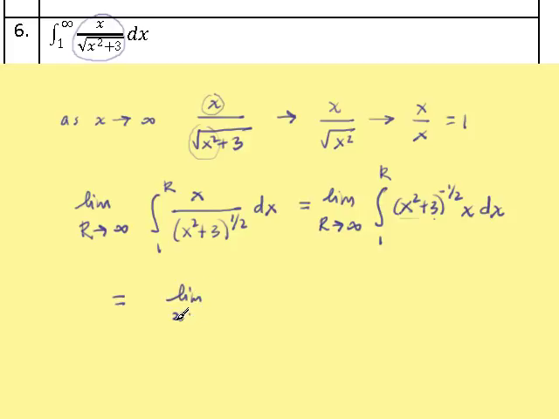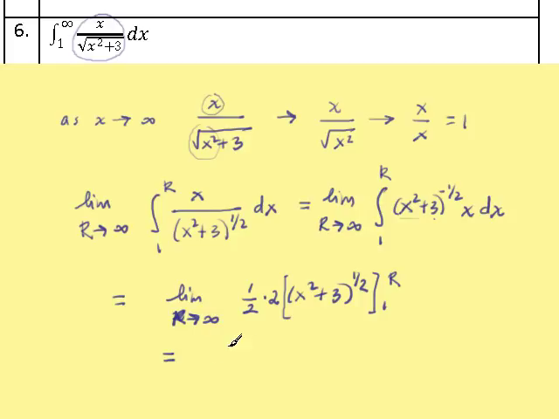Integrate with the power rule. So there's our 1/2, and here we have x squared plus 3 to the minus 1/2 plus 1, over 1/2. So that's 1/2 divided by 1/2, or multiply by 2. And now we have our limits of integration, 1 to r. We see that this expression does not end up in the denominator.